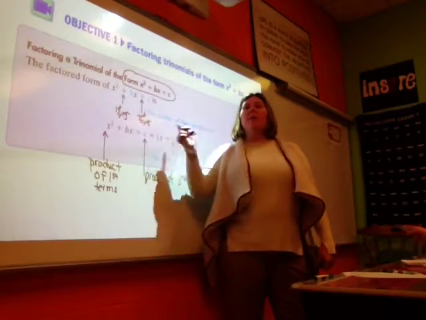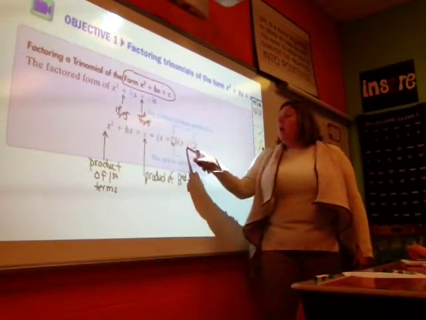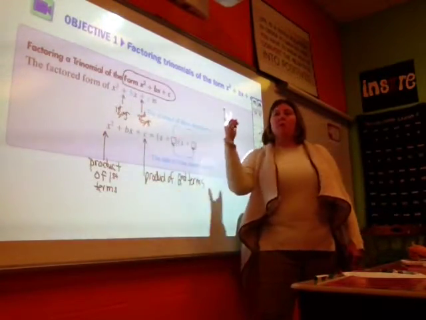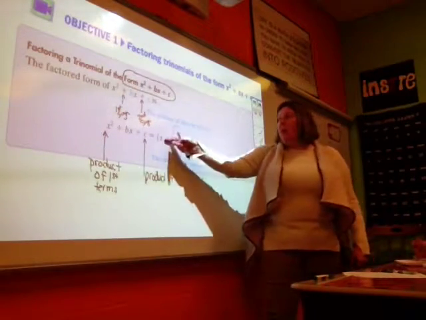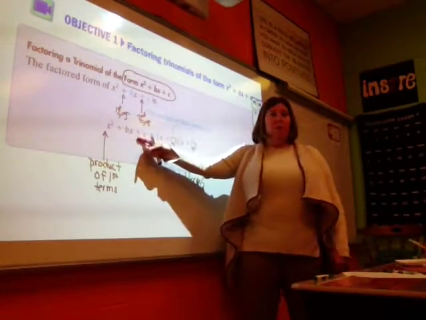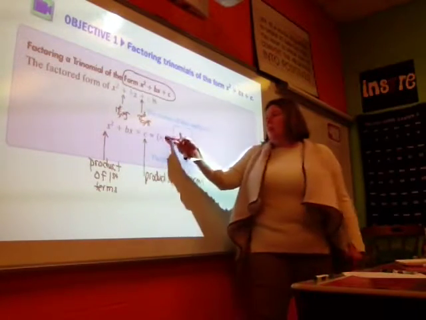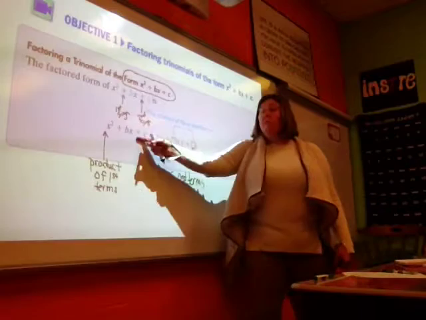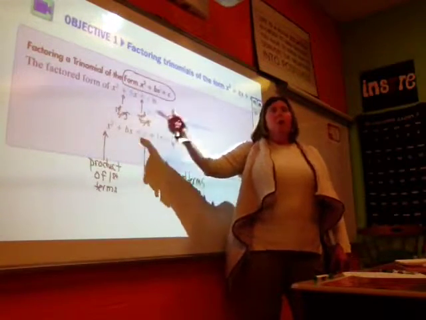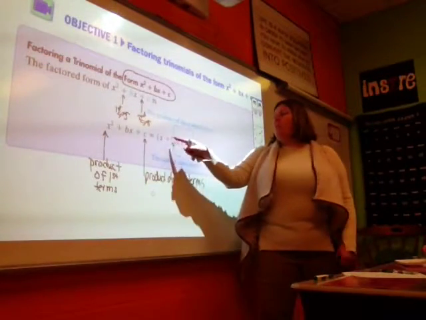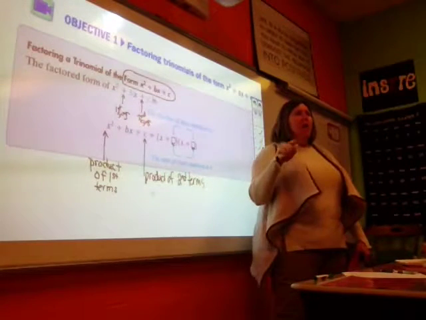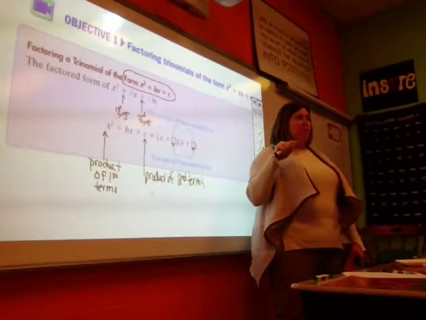So in order for me to make C positive, either my signs inside my binomials both have to be positive, right? Because a positive times a positive gives me a positive. Or they both have to be what? Negative. Because a negative times a negative also gets me a positive, right? So how do I know when these both are going to be positive as opposed to when they're both going to be negative?